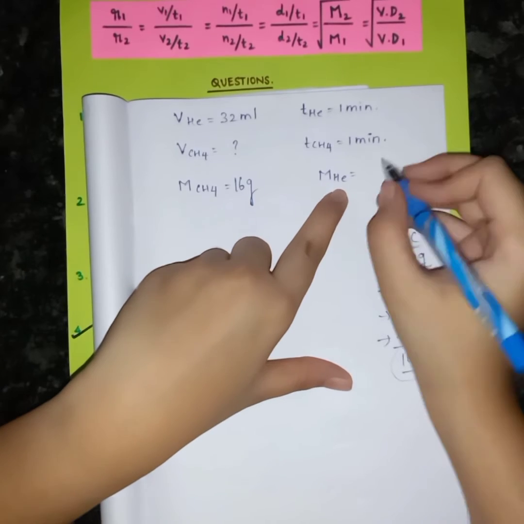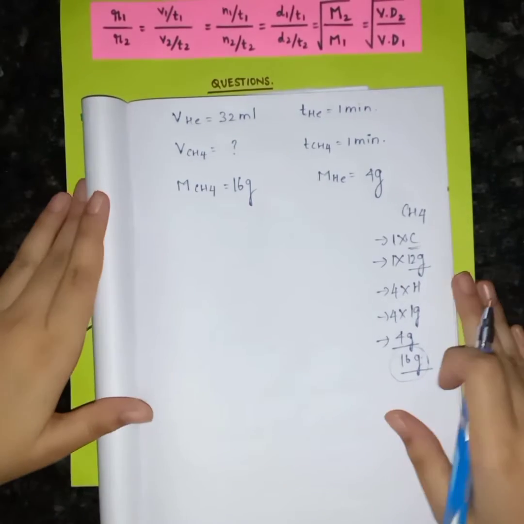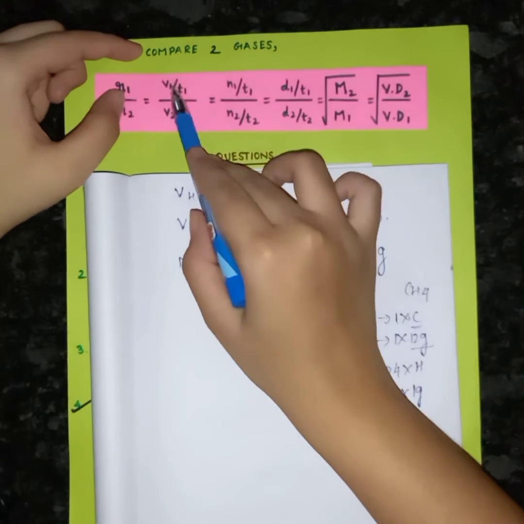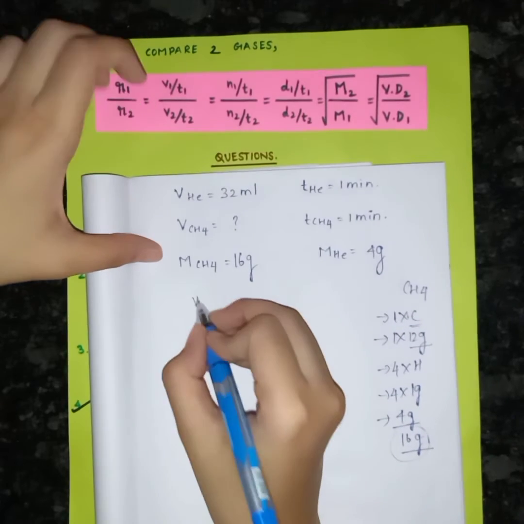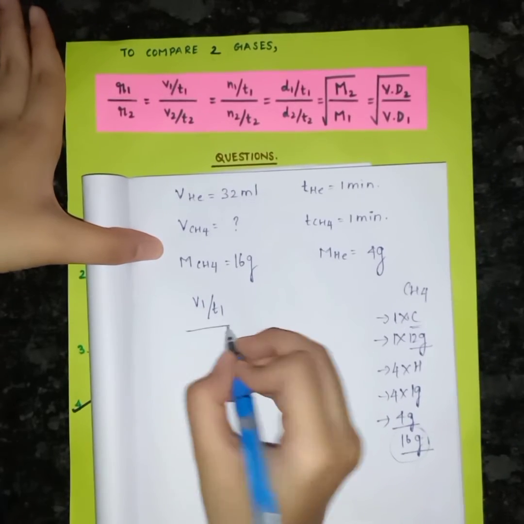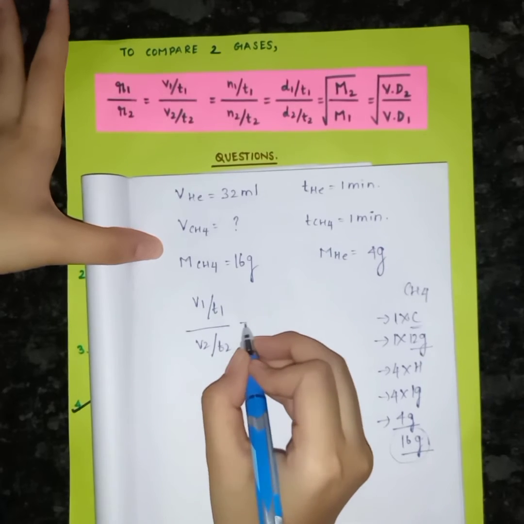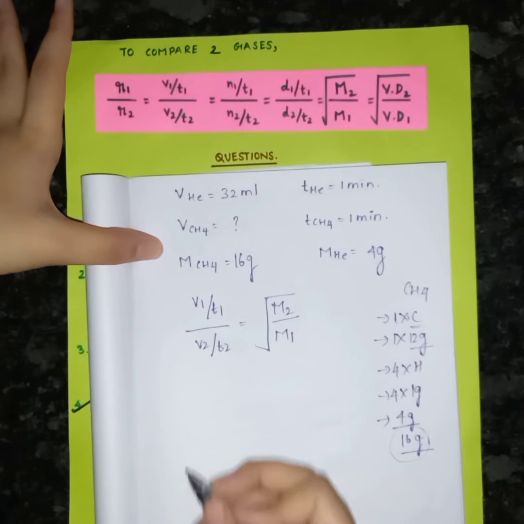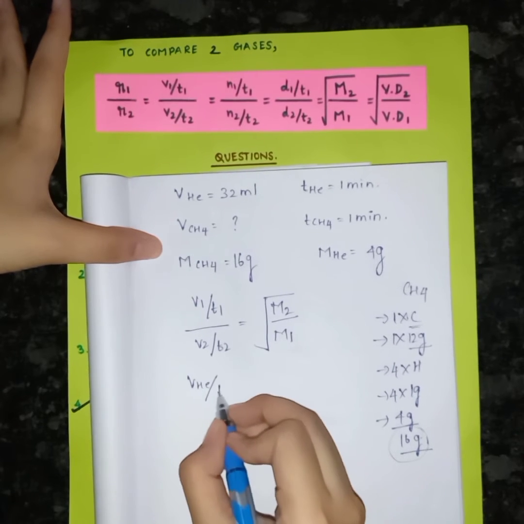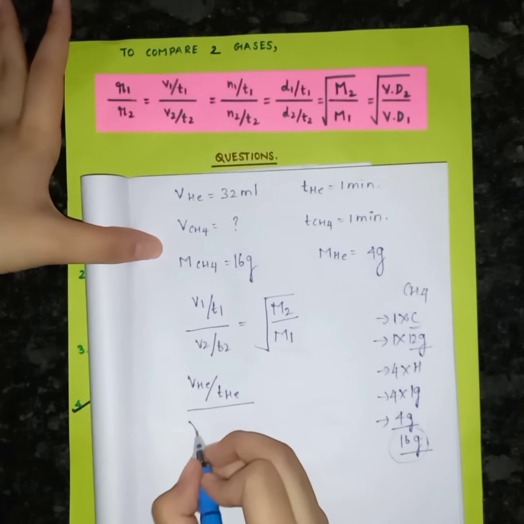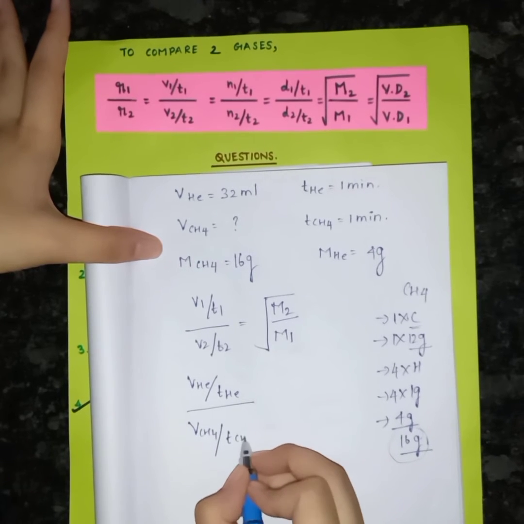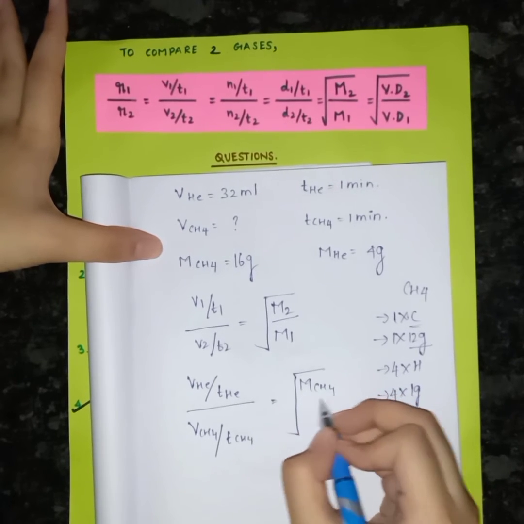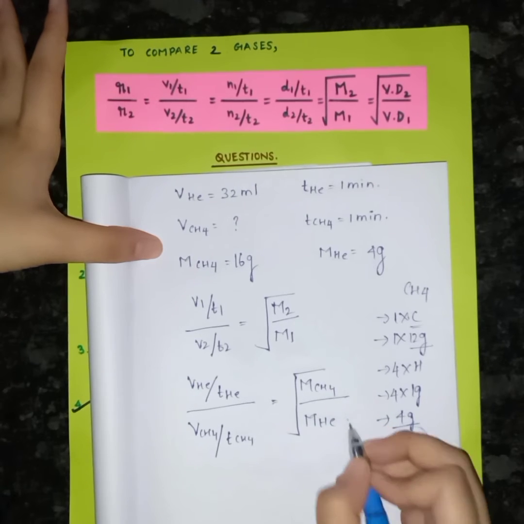Molecular weight of helium is 4 grams. So, we found the molecular weights and the volume term is given in the question. So, we are using these two relations. V1 divided by T1 by V2 divided by T2 is equal to root M2 divided by M1. Here, volume of helium divided by time taken by helium by volume of methane divided by time taken by methane, which is equal to root of molecular weight of methane divided by molecular weight of helium.